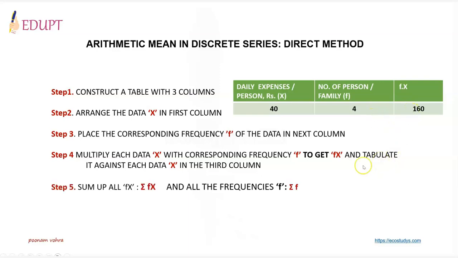Then you need to sum up all the Fx, which is called summation of Fx. Also add all the frequencies, called sigma f. Then find arithmetic mean by applying the formula x bar is equal to sigma fx by sigma f.